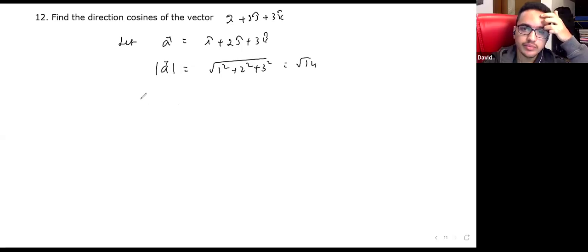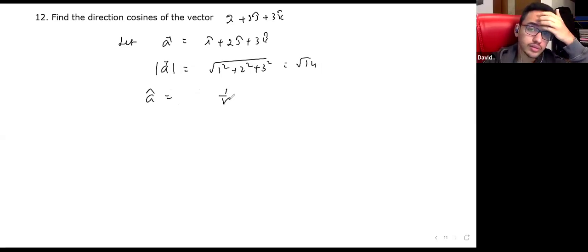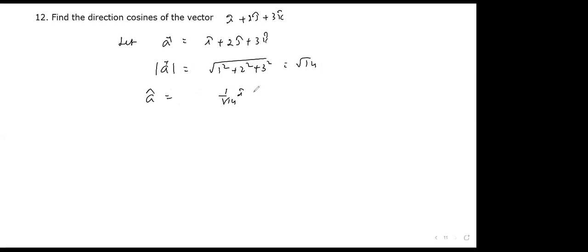Direction cosine is nothing but the coefficient of i, j, k of a unit vector. So it is 1 over root 14 i cap plus 2 over root 14 j cap plus 3 over root 14 k cap.